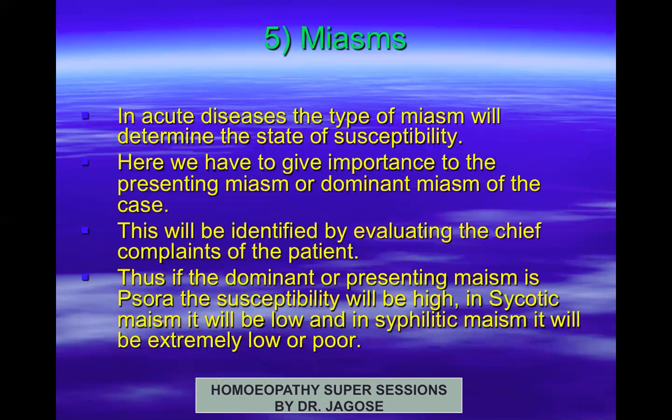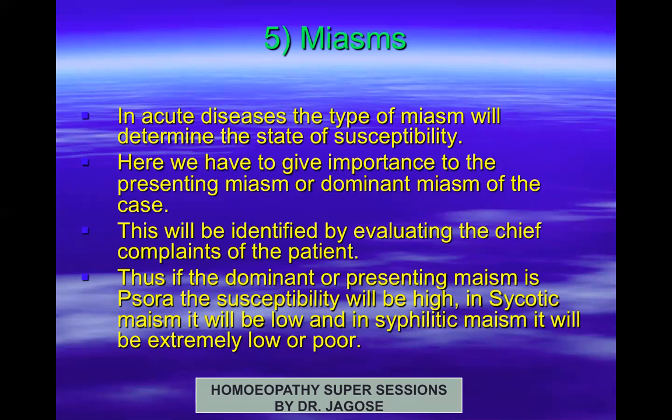Next point is the miasm. So we have to see the miasm. In acute disease, the type of miasm will depend upon the state of susceptibility. Here we have to give importance to the presenting miasm or the dominant miasm of the case. So in acute diseases, basically, we only take a short history of the chief complaint. Therefore, the chief complaint is also known as the dominant.